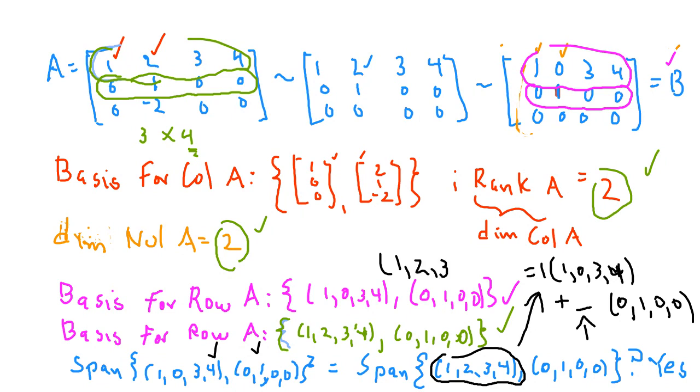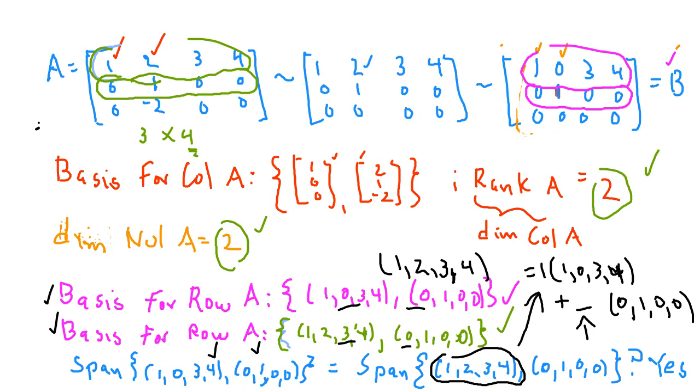What I'm trying to say is this. Both of these bases are bases for the row space of A, and the row space of A is a subspace, so the bases have to span the same space. The second choice for the basis has as one of its basis vectors 1, 2, 3, 4.